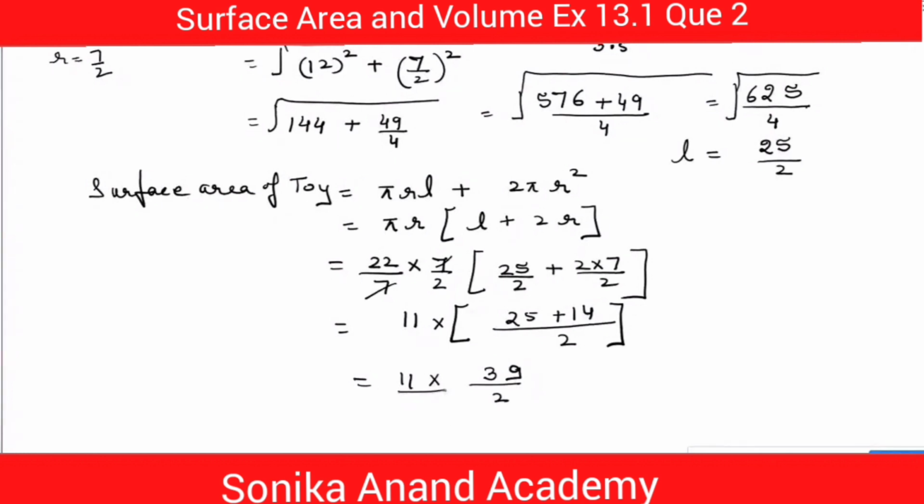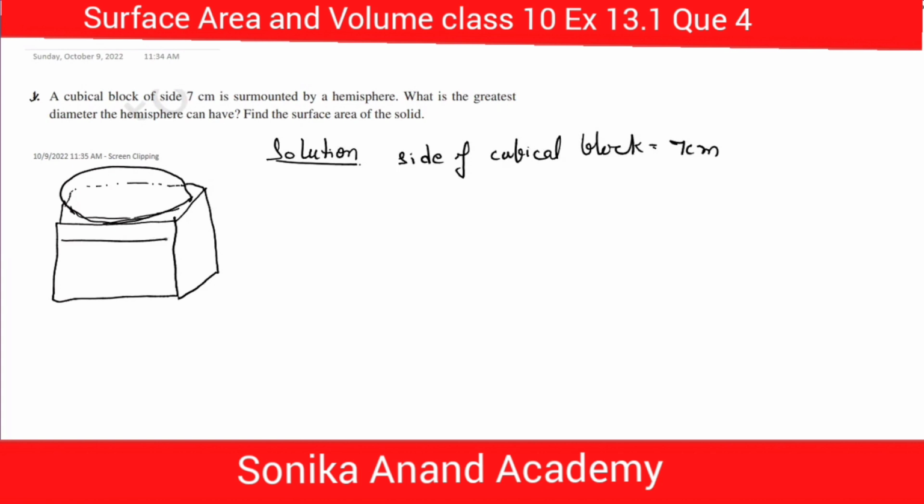Now it can't be cut, so we have to multiply and divide. 11 nines are 99, 11 threes are 33, so 429 by 2. Now we can easily divide and get 214.5. The surface area is in centimeter square.